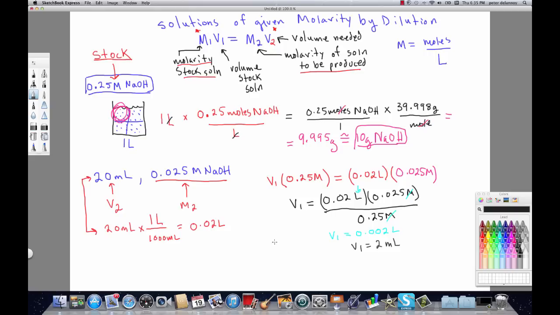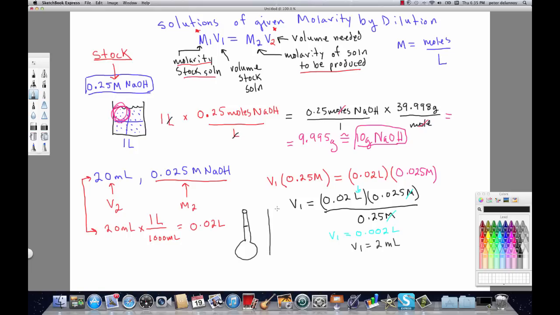Now, in finishing, to actually make the final solution, depending on the accuracy and the precision that we're going to need, we're going to require either a volumetric flask, which is shaped something like this, or a graduated cylinder.